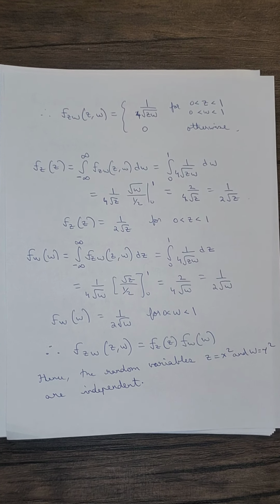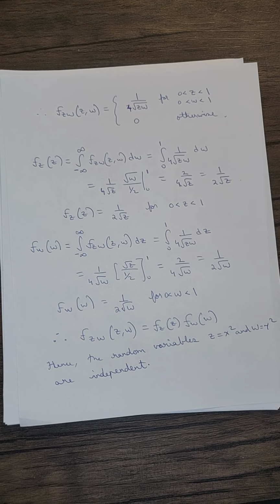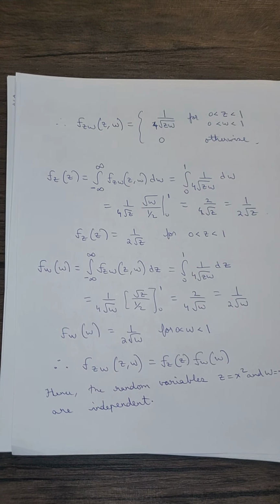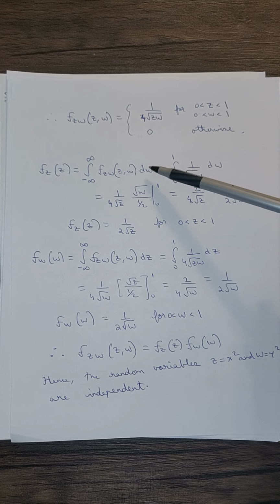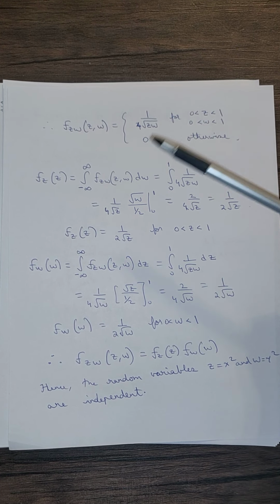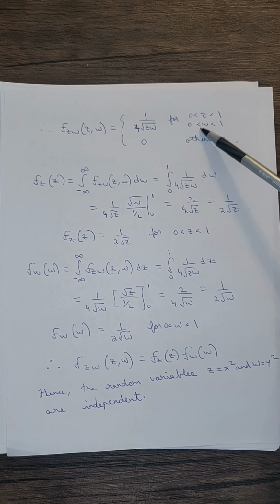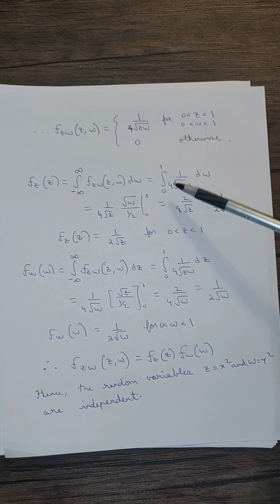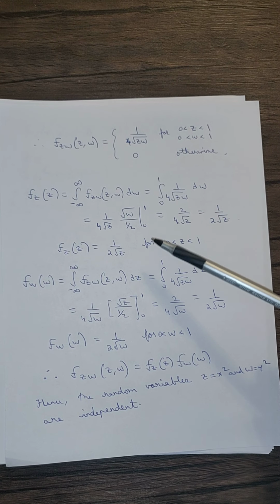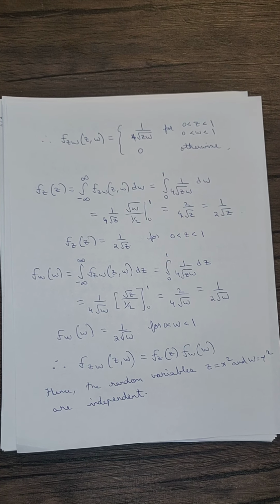So we have to find whether z and w are independent. First let's take a look at the marginals. f_Z of z is found by integrating out w from the joint density, with the limits 0 to 1, of 1 by 4 root zw. This integral comes out to be 1 by 2 root z.